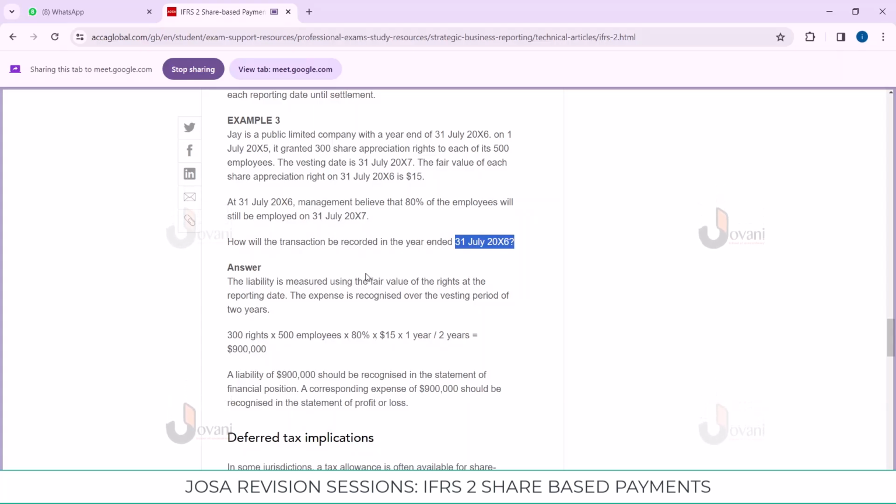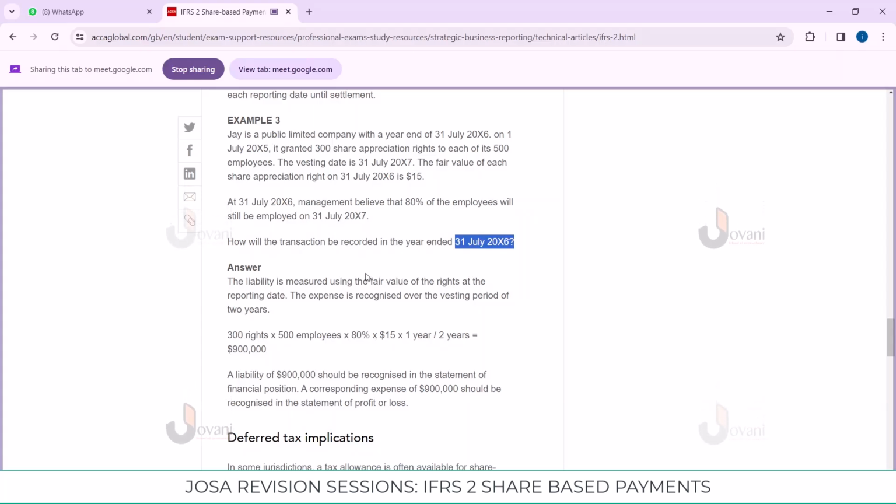Why do we take them as if they're actually going to leave? That's why at each year end you take into consideration those service conditions. So if in the first year you assumed 70% are going to remain, and the next year you have 80%, then you can revise.